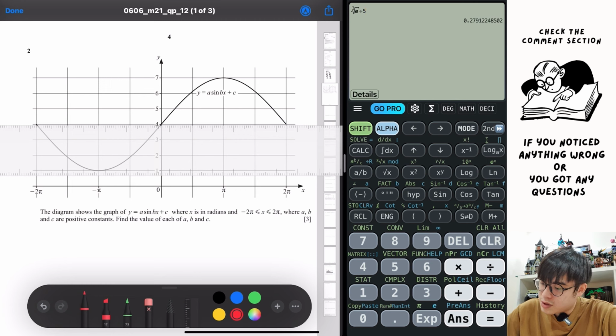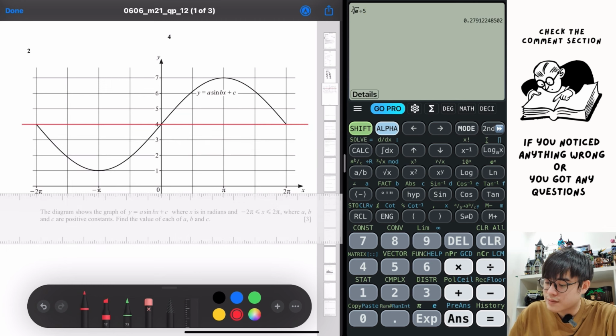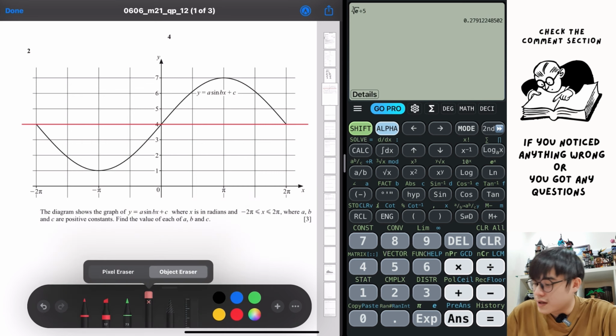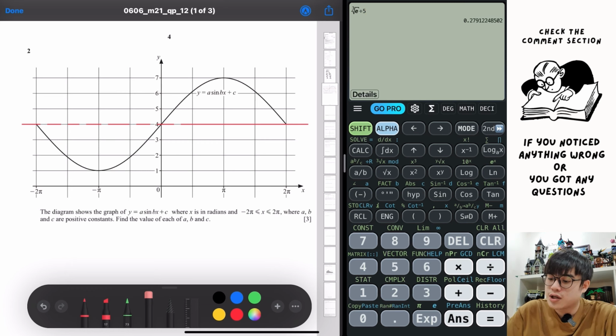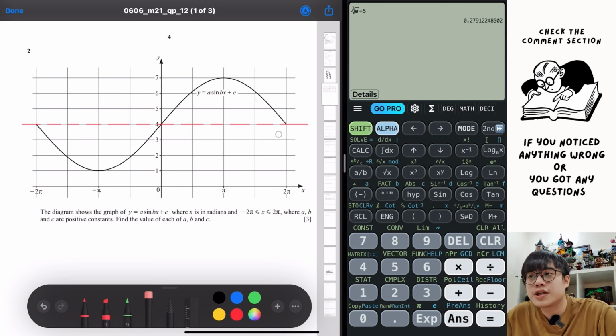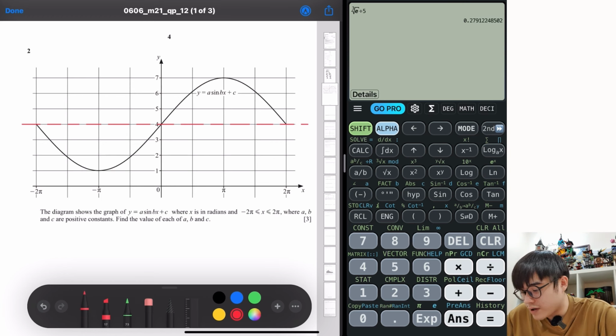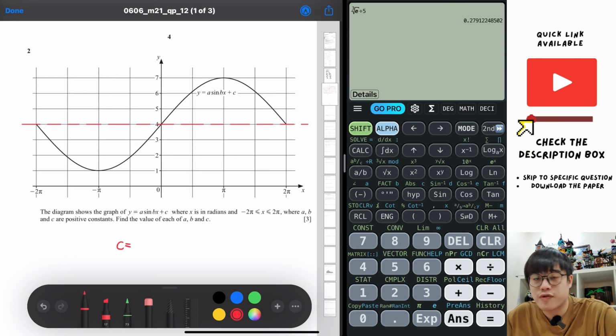This line indicates very important information, as it tells us how much the vertical translation was. The vertical translation here will be 4. So the first thing I identified was C equals 4.